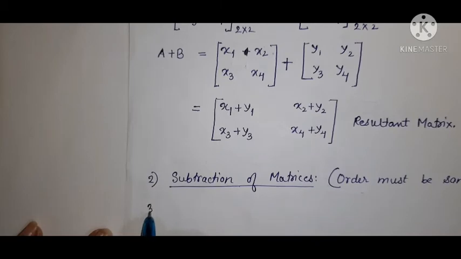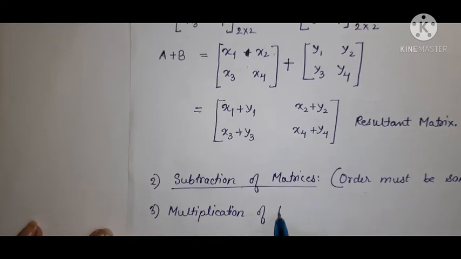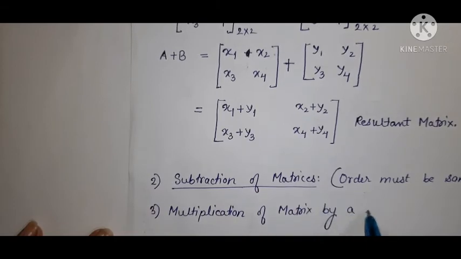Next one is multiplication of a matrix by a scalar quantity. Multiplication of a matrix by a scalar means by any constant.